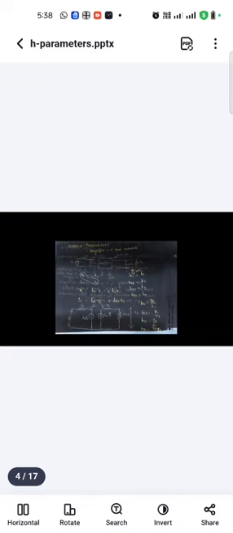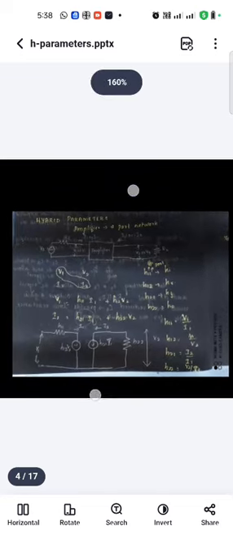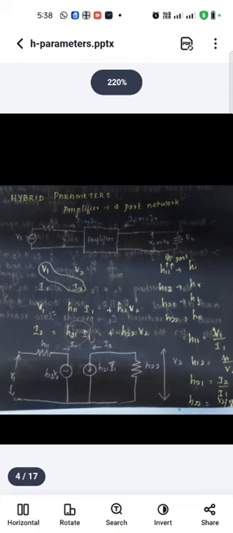Now we will draw the diagram. We know how to represent the voltage: the voltage is placed between two terminals, right? So first draw the voltage. See the picture and you will understand.